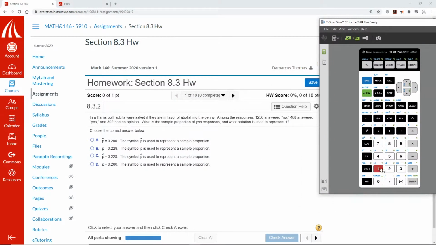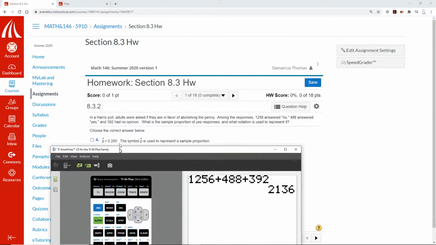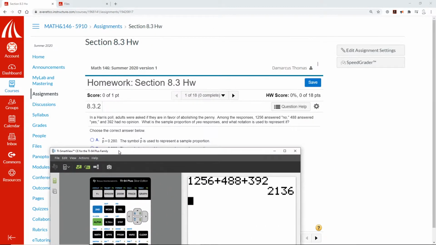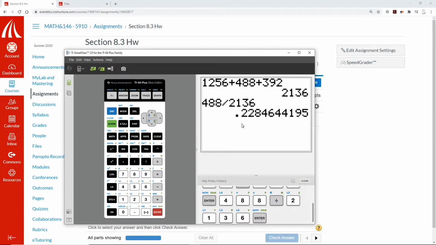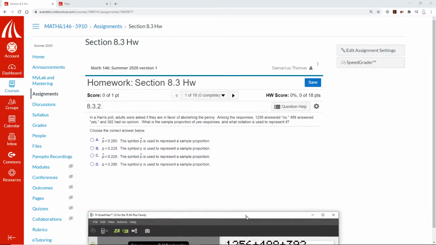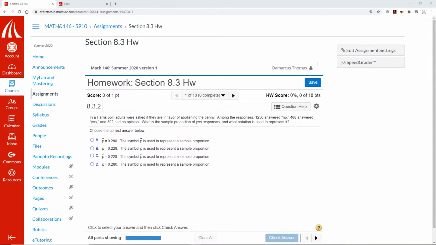I'm going to type in 1256 plus 488 plus 392. Now 488 said yes, divided by 2136. So I'm getting 0.228. I'm going to choose C for that.